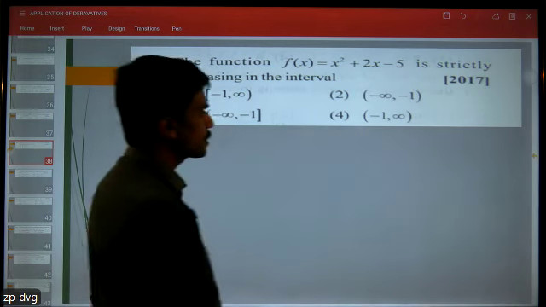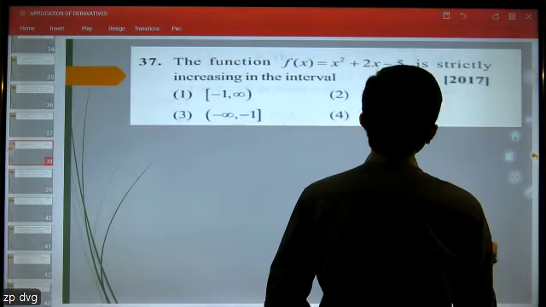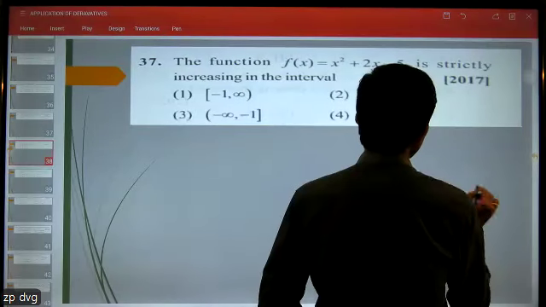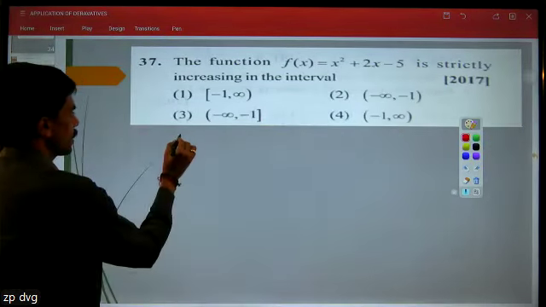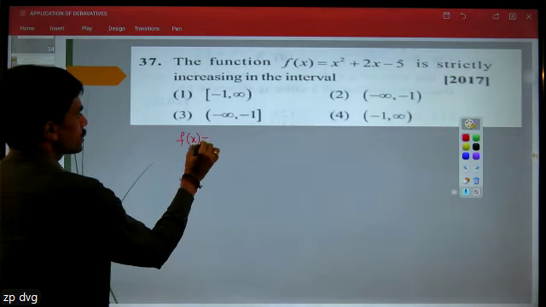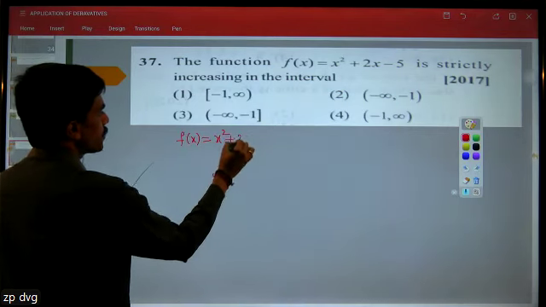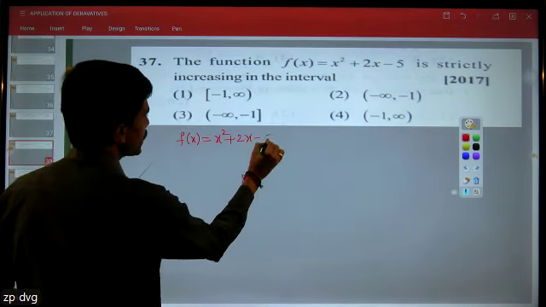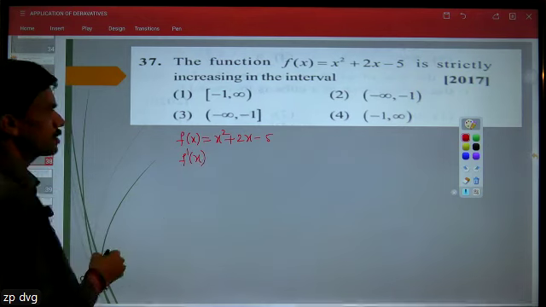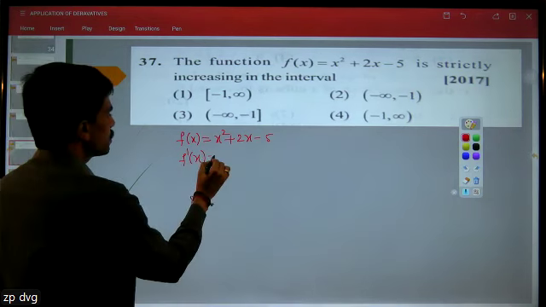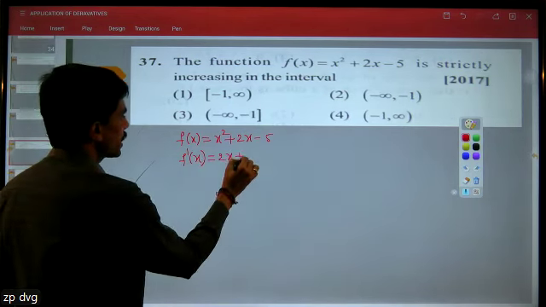They given f of x equal to x square plus 2x minus 5. First, we have to find the derivative of the given function, f dash of x with respect to x. So 2x plus 2 we get.